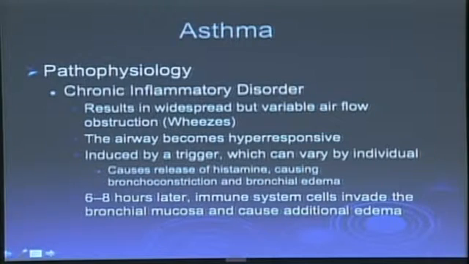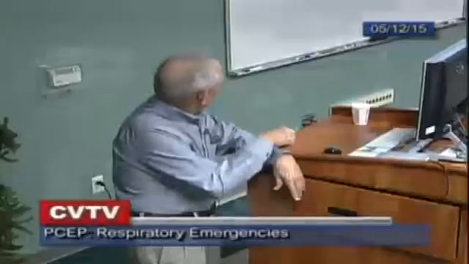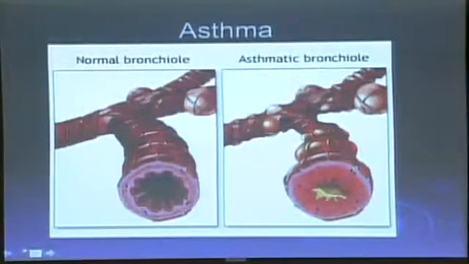So if you don't break the attack, the attack gets worse if you don't treat within that 6 to 8 hour period. The net effect is areas of extreme bronchial constriction, which decreases the amount of air flowing into the alveoli. You get increased mucus production as well, predisposing to infections and obstruction of alveoli.